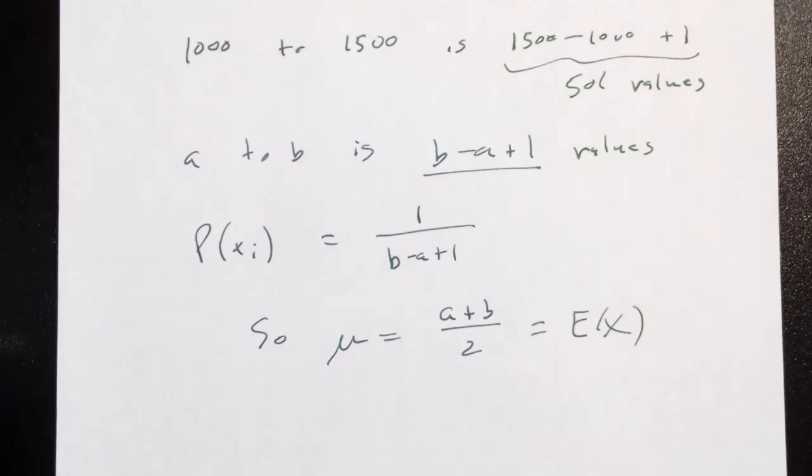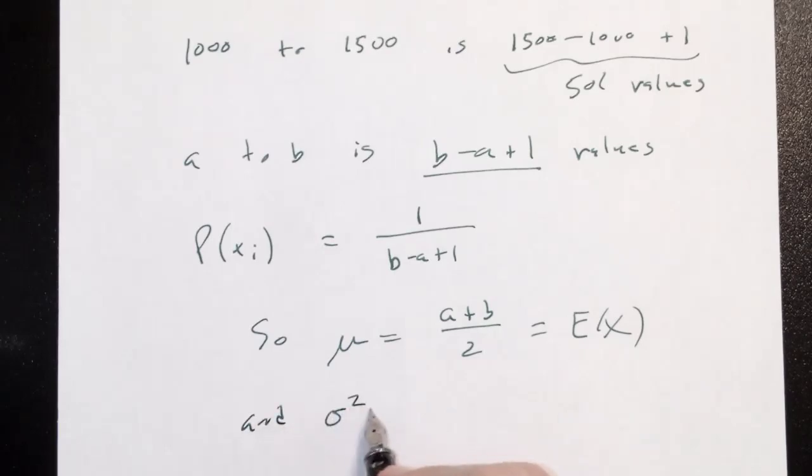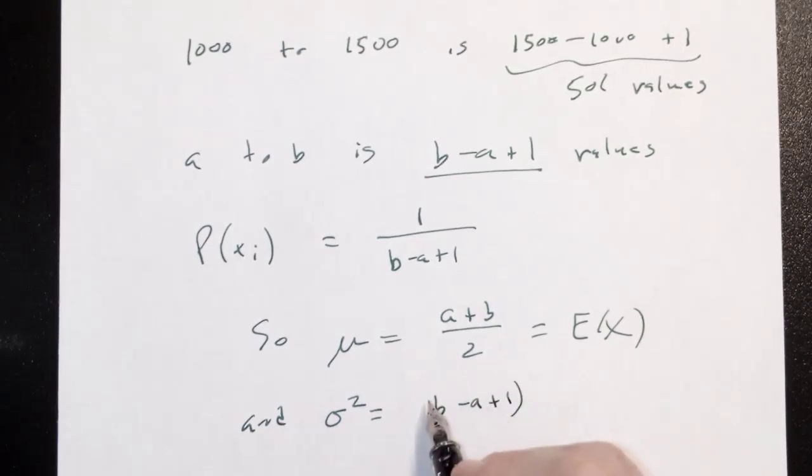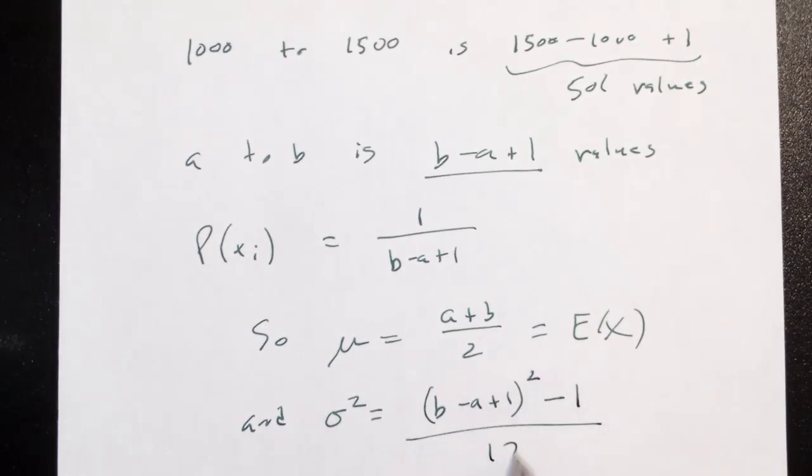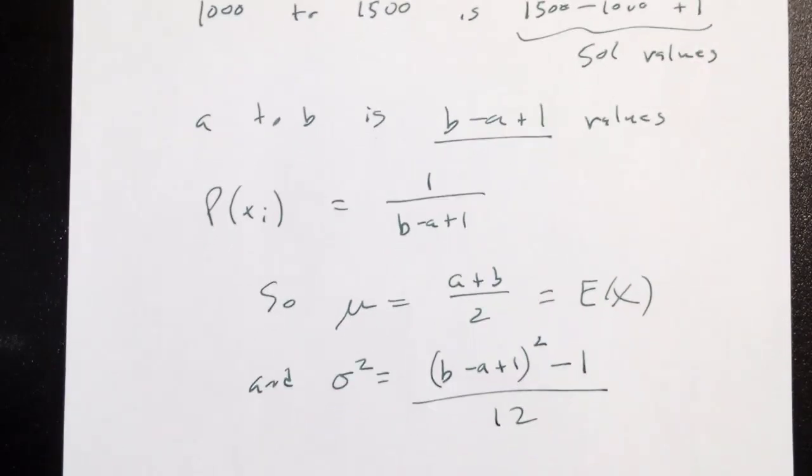Again, with a little bit more work, I can compute the standard deviation directly. I've written it as the variance so that I didn't have to write a giant square root.